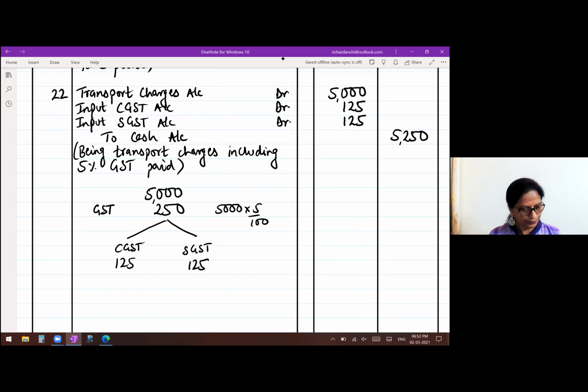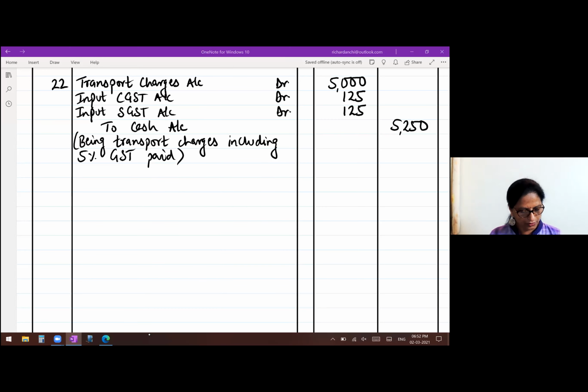Okay, next one, 24th. Paid audit fees 5,000 by check. Now, audit fees, we have done this. Audit fees is an expense. It is a nominal account. So debit expenses and losses, and you are paying now by check. So bank is there.